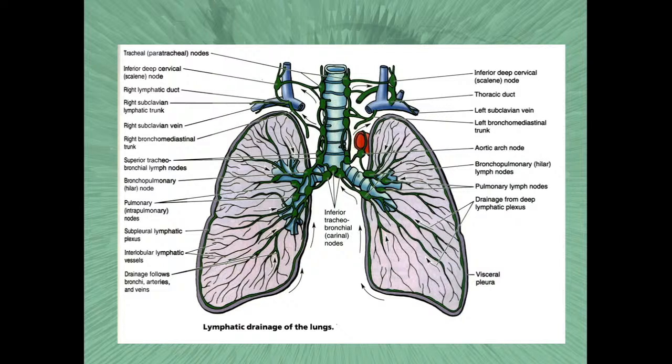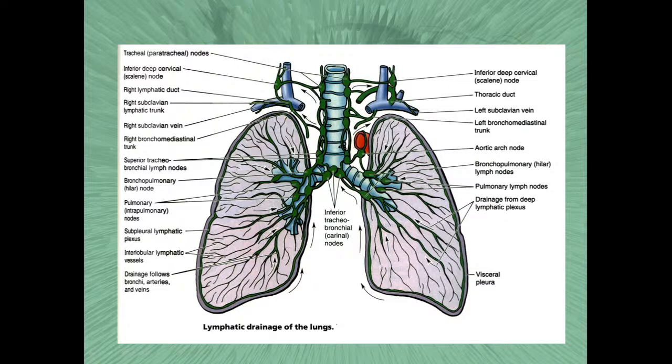Again, everything starts from the lymphatic capillaries. The superficial network is located in the visceral pleura, and the deep network in the parenchyma of the lungs. Then lymph drains into the pulmonary lymph nodes located inside of the lung parenchyma along the pathways of the bronchi.